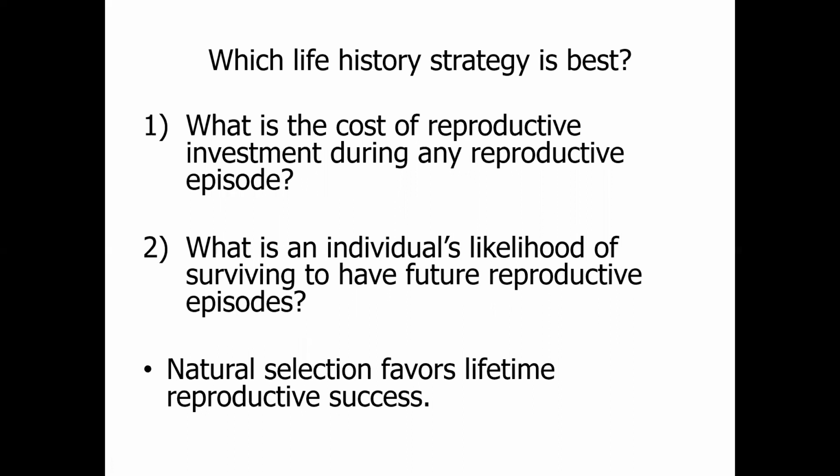And with all this variability, we have to ask, which life history strategy is ultimately the best? Is there a winner and a loser? Two important questions to look at with this: one, what is the cost of reproductive investment during any reproductive episode? In other words, what is the risk of reproducing?